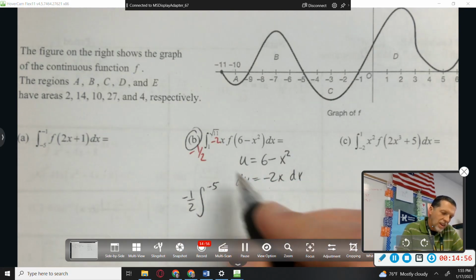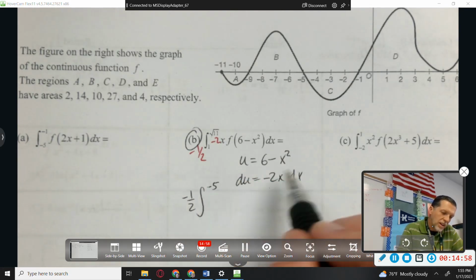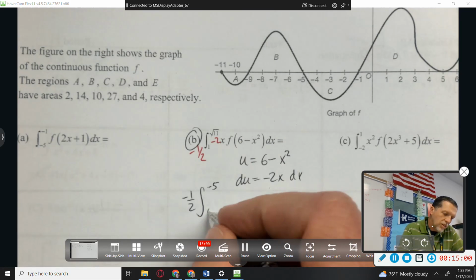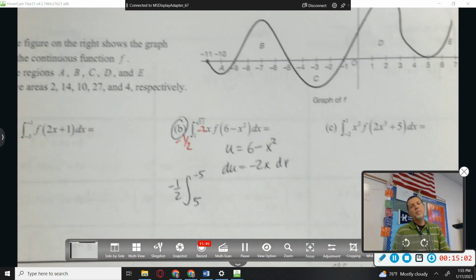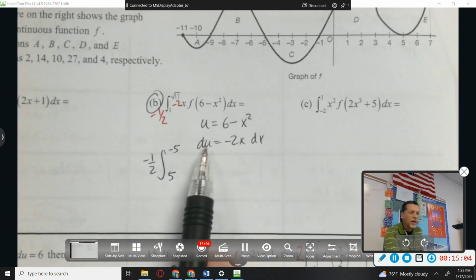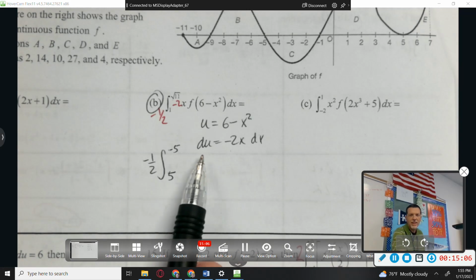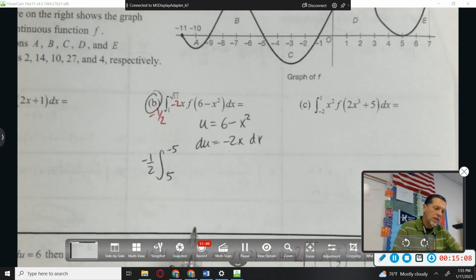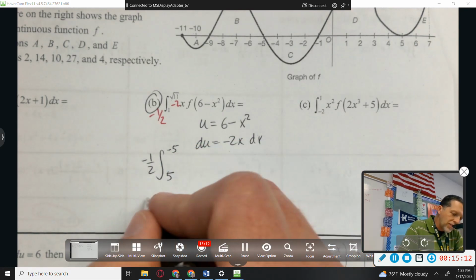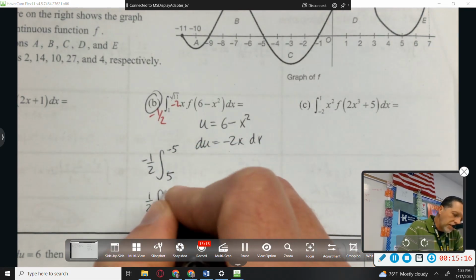And if I plug in 1, 6 minus 1 is 5. And then you flip it and get rid of the negative out front. I didn't show my u substitutions, but we've done enough of them maybe. Again, we've got things out of whack here with the limits in their spots, so I'm going to change it to 1/2 from -5 to 5.